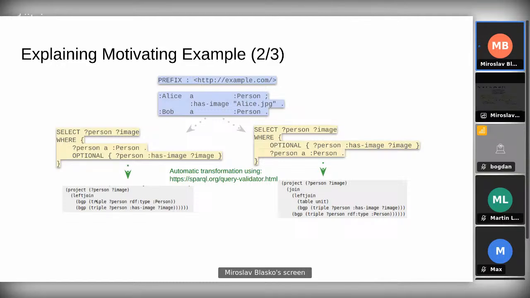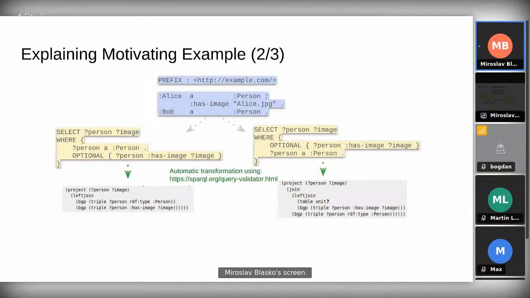So this means that to the table containing person, we just attach image. But here it's different, because we start with optional and we join this empty table. Here it is called table unit.